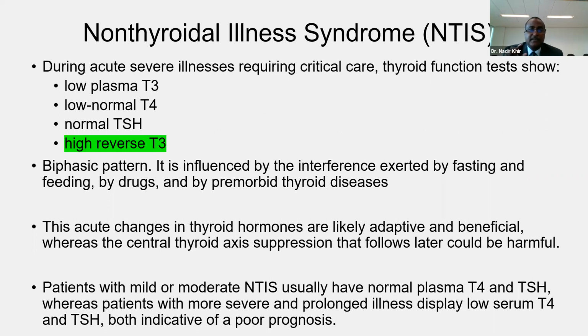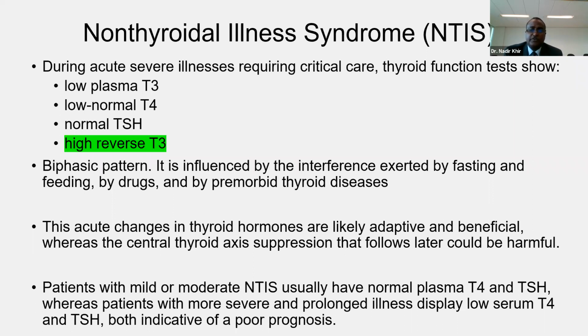And this non-thyroidal illness has a biphasic pattern. Early in the disease you will see one thing, and later in the disease, when you become very sick, you will see something else. Early in the disease, you see normal TSH, low normal T4, low plasma T3, but late, in a very sick patient, you'll see all three of them are low. TSH is low, T4 is low, T3 is also low. Some people actually think this is a supporting mechanism, like the body in the ICU does not want to work the metabolism.